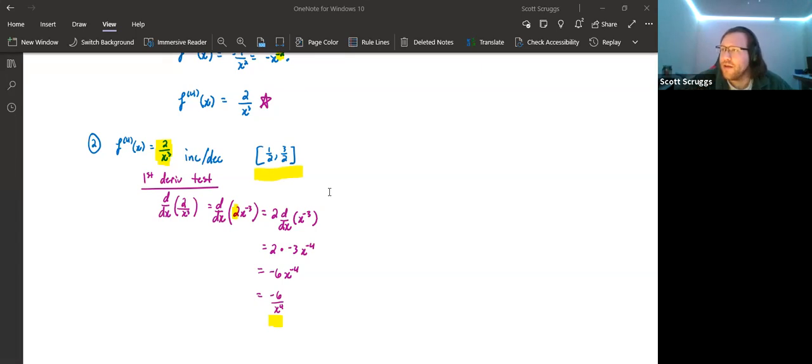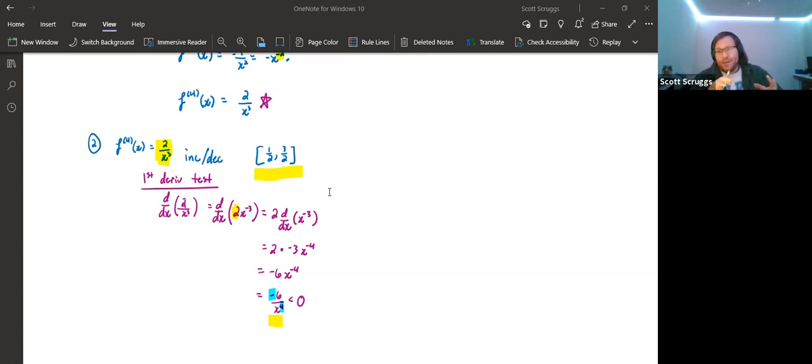I see some in the chat. Some of y'all saying negative. Y'all are right. One way to justify why: I have a 4th power in my denominator with x. So no matter what I plug in, the denominator will always be positive. But because of that negative sign, I will have a negative divided by a positive, which will be a negative.